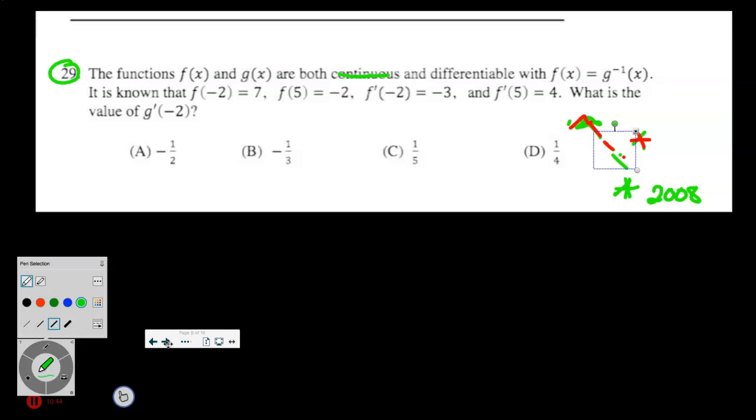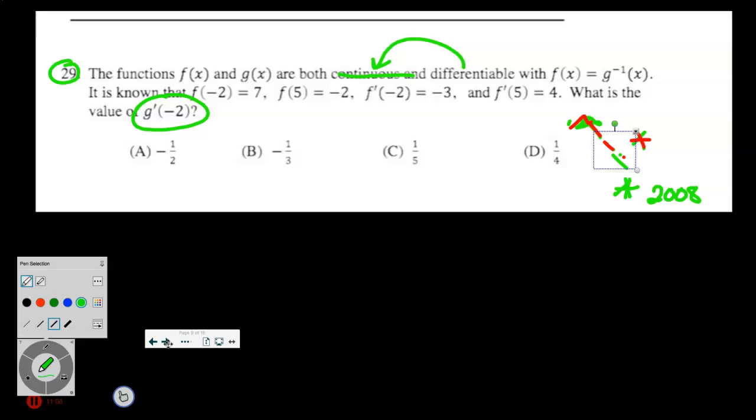This word isn't needed because differentiability implies continuity. With f of x equaling the inverse of g. Okay? So f of x is the inverse of g. All right. I am supposed to find the derivative of g. Okay?